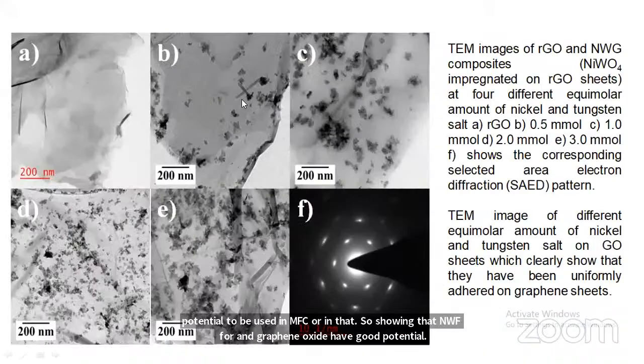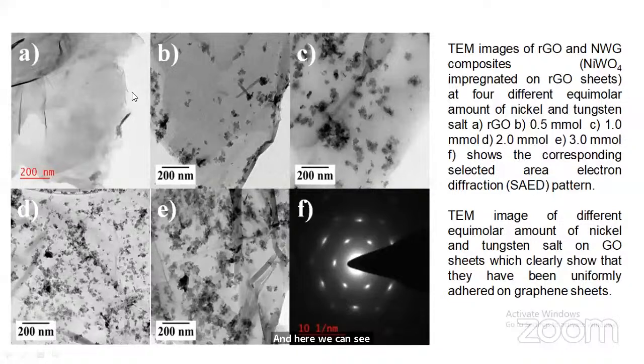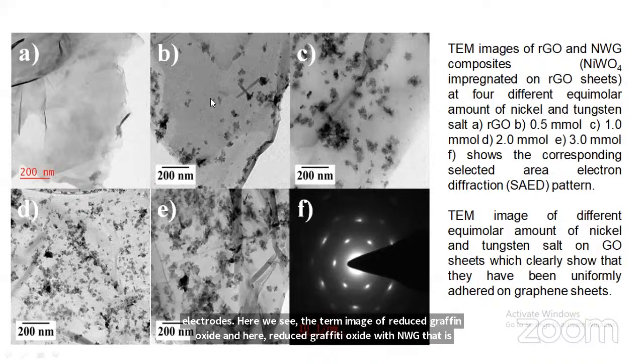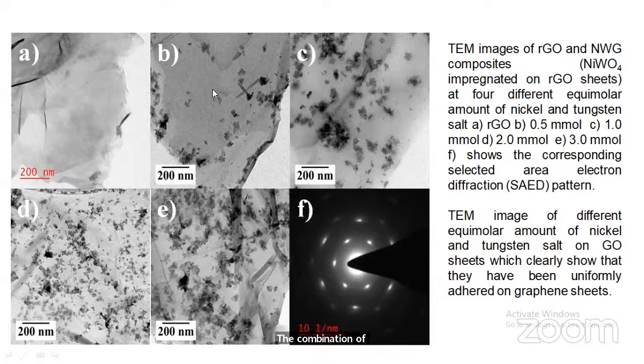Here we can see some of the TEM images of modified electrodes. Here we see the TEM image of reduced graphene oxide, and here reduced graphene oxide with NWO, that is nickel tungsten oxide, the combination of reduced graphene oxide with nickel tungsten oxide. These are various concentrations of the metal oxide, and as the concentration of metal oxide increases, the dots or points on the graphene sheet are seen to increase.